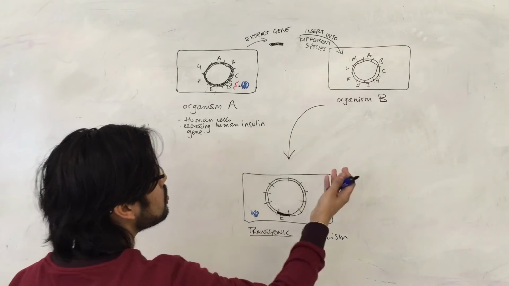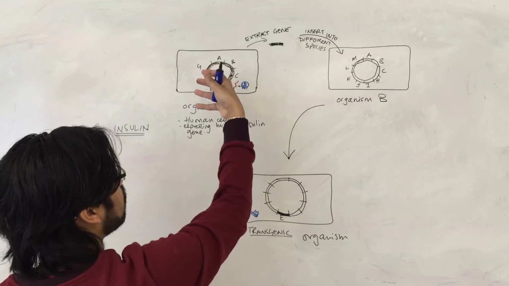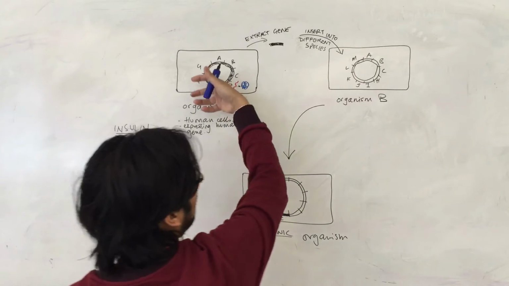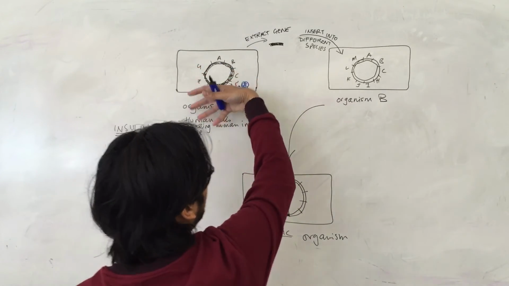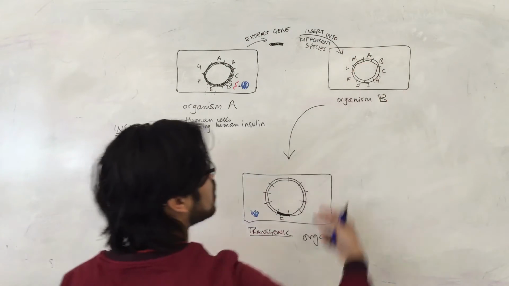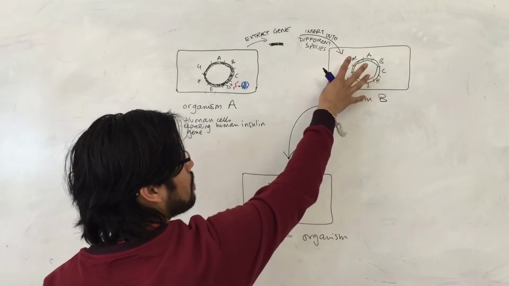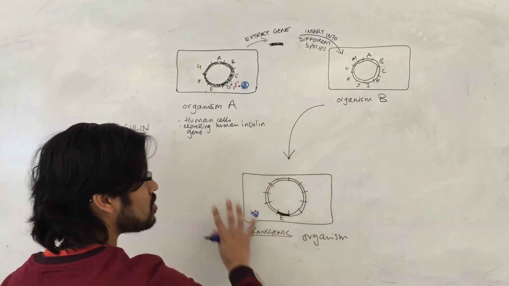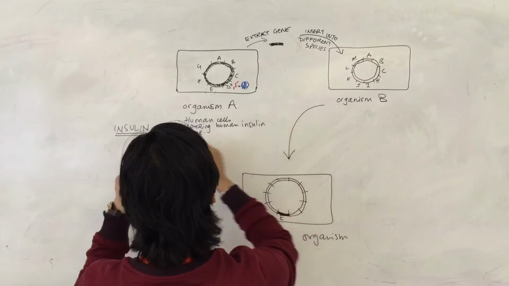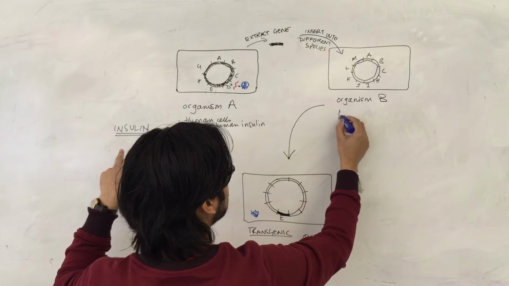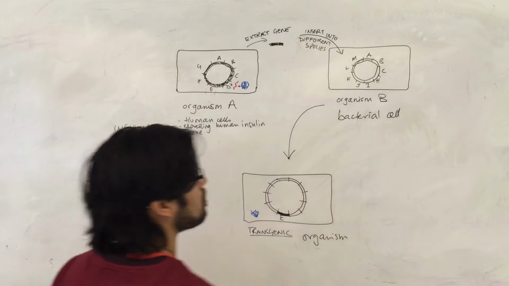Okay, so what we do is we take the gene for insulin, we cut it out of the DNA. We get some human cells first of all, and we cut out the gene for insulin, and we transfer it into a bacterial cell. We insert it into the genome inside a bacterial cell, and we produce this transgenic bacterial cell. So in our example here, our organism B would be a bacterial cell, okay?